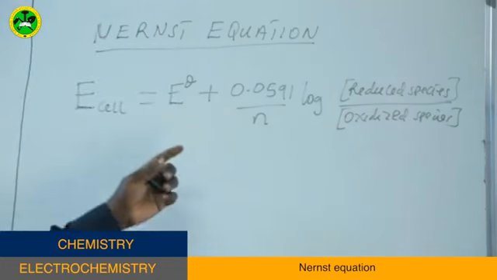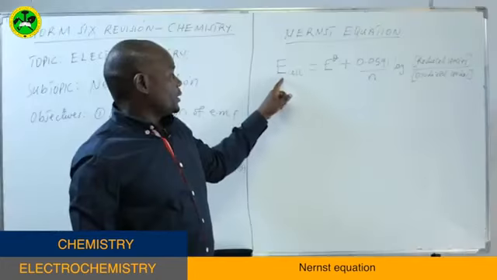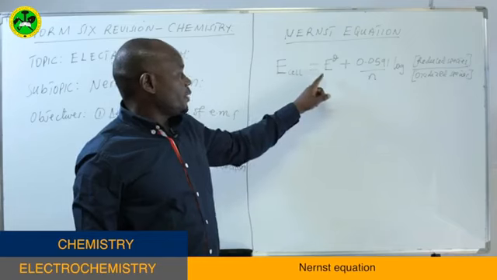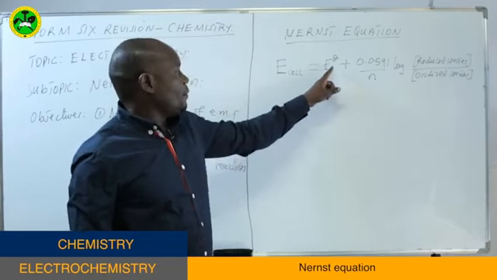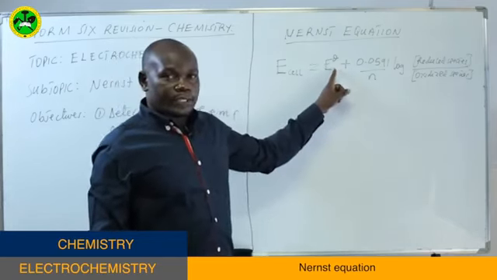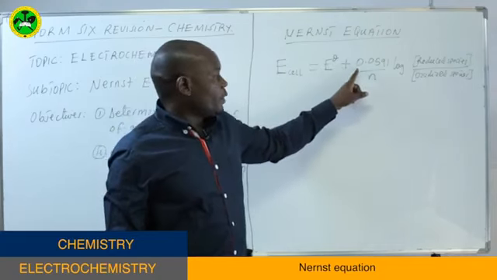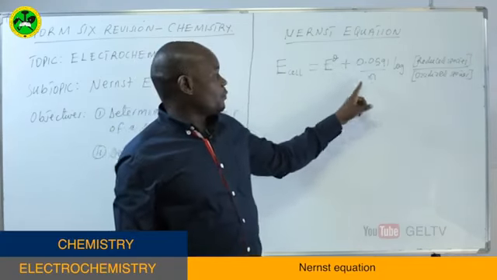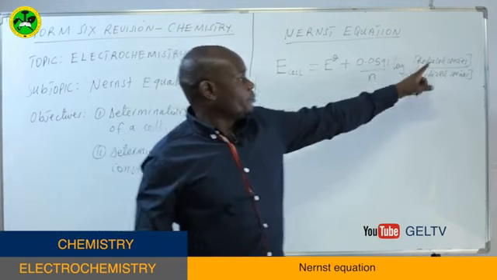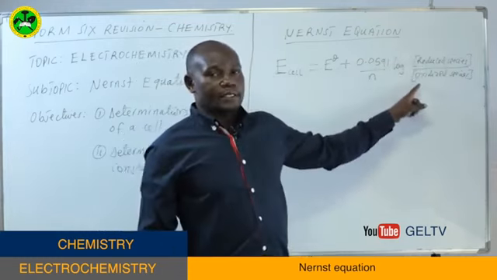So this is the Nernst equation, where the EMF of a cell is calculated by taking the standard electrode potential of a cell, plus 0.0591 over n, log of the reduced species over oxidized species.